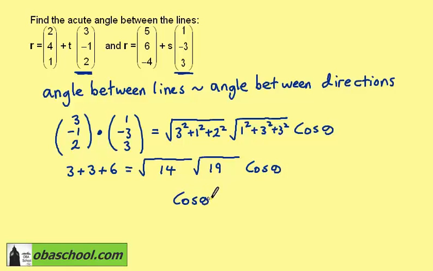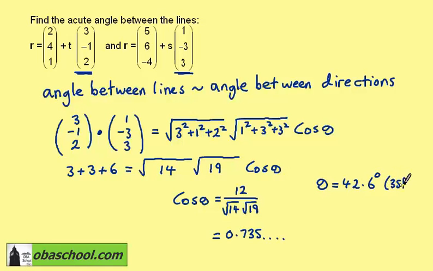So the cosine of theta is going to be 12 divided by root 14, root 19. This calculates to give us 0.735 and so on. So for the angle we do inverse cosine of this number, or shift cosine, giving us 42.6 degrees, correct to 3 significant figures.